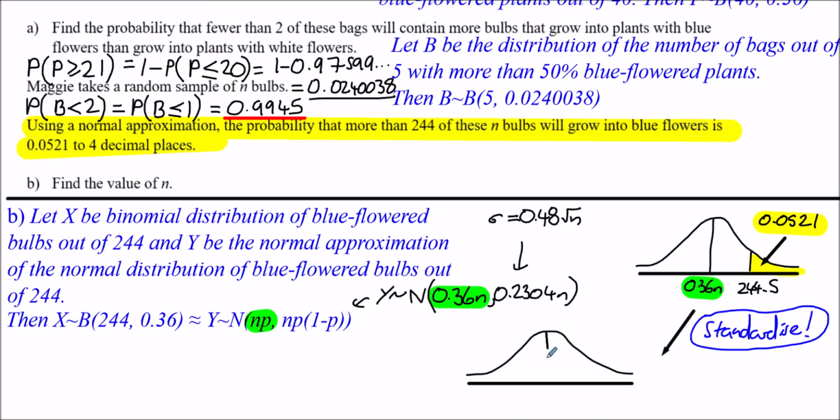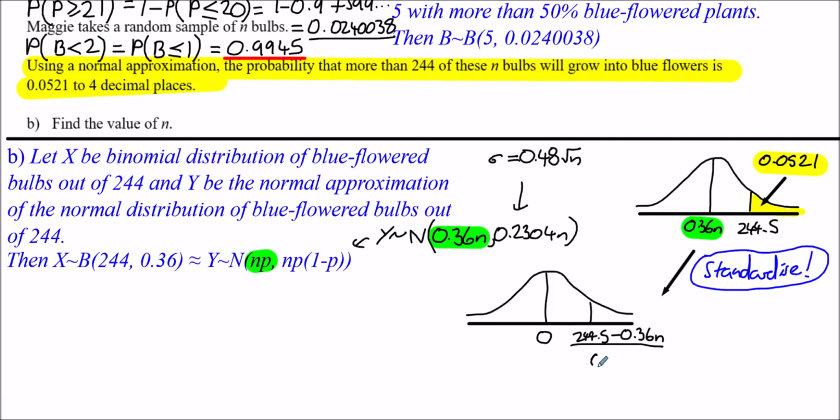The mean will then transform to 0, of course, and this point here, 244.5, I subtract the mean from that, so this is going to be 244.5 minus 0.36n divided by the standard deviation, which is 0.48 root n. And again, this proportion of the curve is still 0.0521.